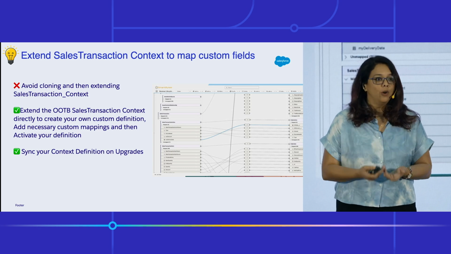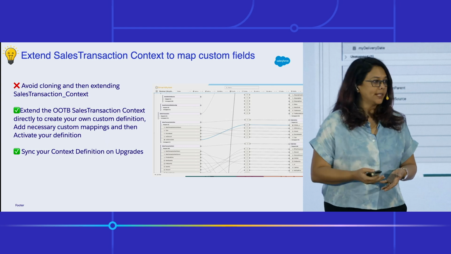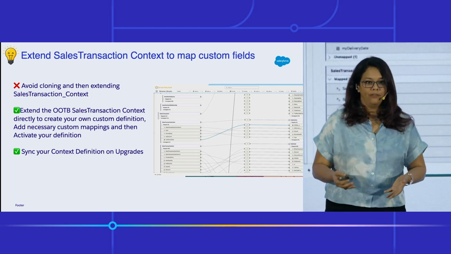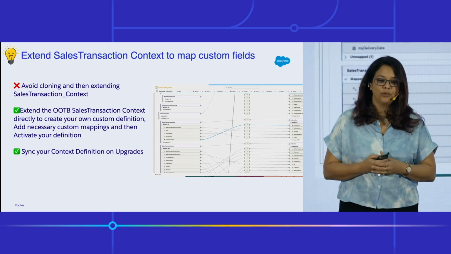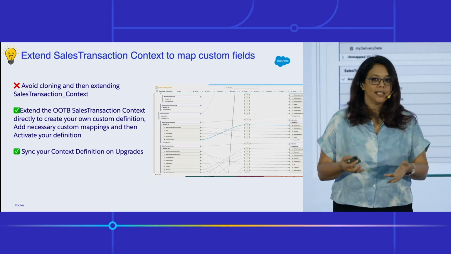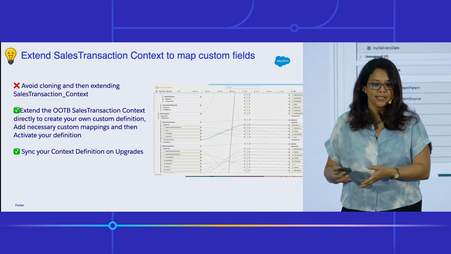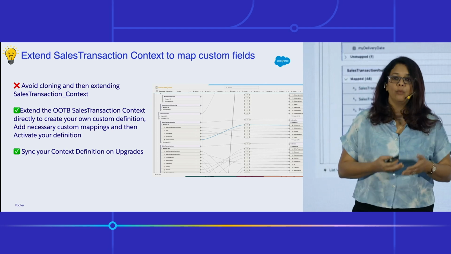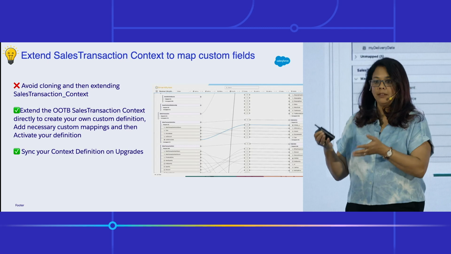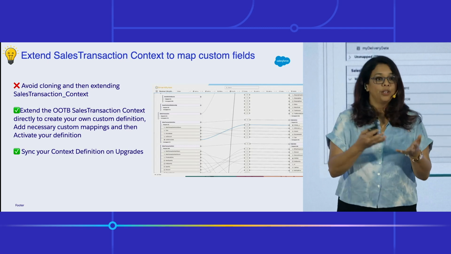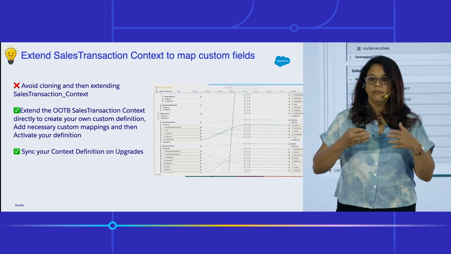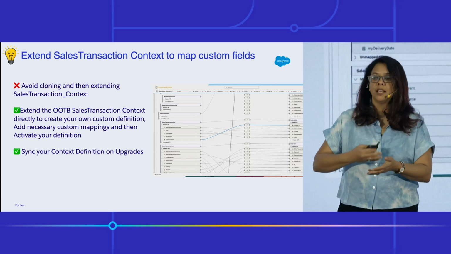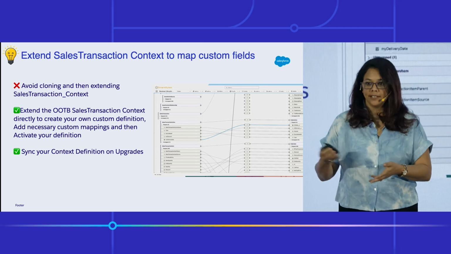Now we provide an out-of-the-box sales transaction context definition for our Revenue Cloud product. And the tip over here is to extend this particular sales transaction context and avoid cloning. When you clone and extend something, we don't know what you have cloned, and when some of the fields are cloned, when you upgrade or make any changes, it's difficult to refresh or sync it.